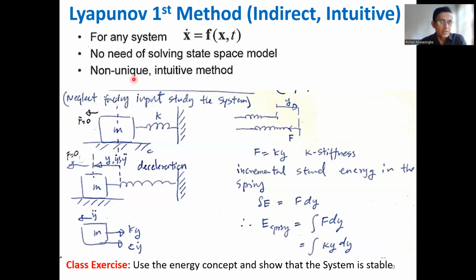It's not a unique method compared to the previous methods like Routh-Hurwitz, Nyquist, root locus. The system is very methodical and unique. But here, it's just a concept, and you have to implement the concept in your own way. So therefore, sometimes people don't like it because you have to figure it out eventually. Okay, Lyapunov only tells the concept.